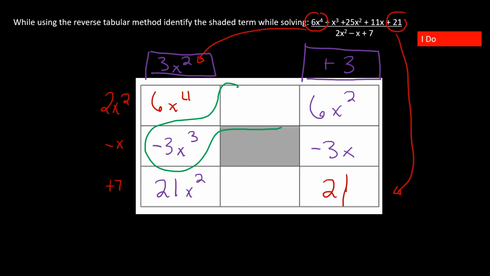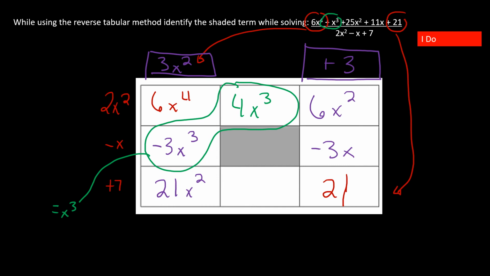This is where it gets tricky. These two here have to give me this positive x cubed. So if that's true, some number minus 3x cubed has to give me 1x cubed. Well, that would be 4x cubed, because 4x cubed minus 3x cubed is 1x cubed.